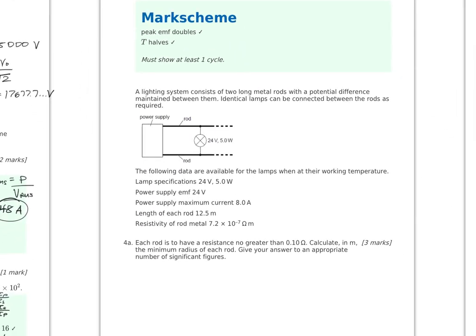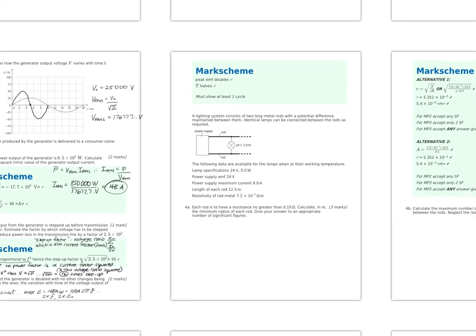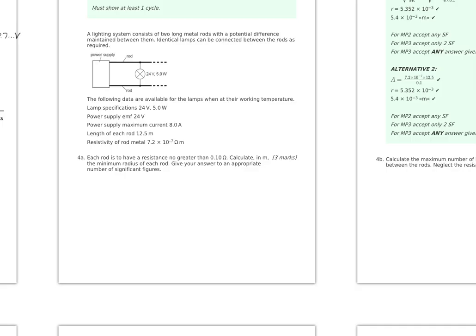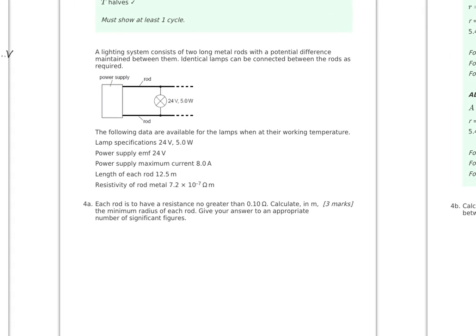All right, now we're moving on to 4. We have this lighting system attached to 2 rods. We know the lamp specs, voltage and power for each lamp. Power supply EMF, we know the maximum current coming out of the power supply, we know the length of each rod, we know the resistivity of the rod metal.